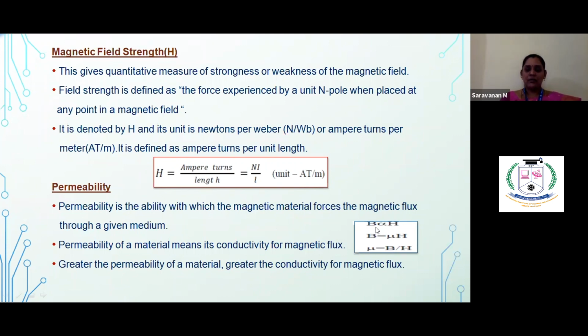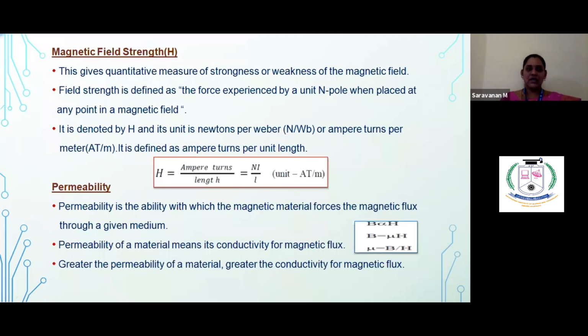Now I am going to remove this proportionality sign, so I am introducing a constant called mu, which you call your permeability. So mu is equal to B by H. Mu also can be defined as mu naught into mu r. Mu naught is the absolute permeability and mu r is the relative permeability of the magnetic material which is being used in your magnetic circuit.